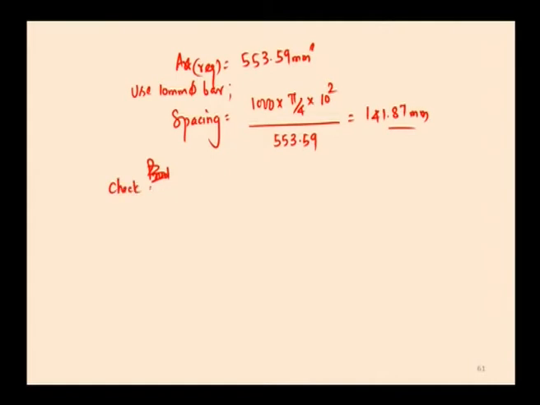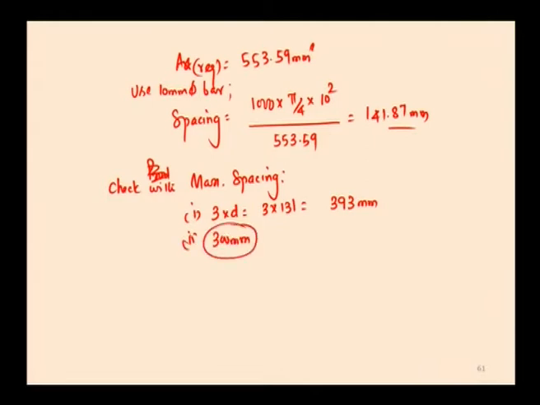this spacing with the maximum spacing given in the code book. As maximum spacing, for main steel, that is the parallel steel which is provided against bending moment, it is 3 into effective depth of the slab, that is 3 into 131 is equal to 393 millimeter, and the second one is 300 mm, whichever is less.